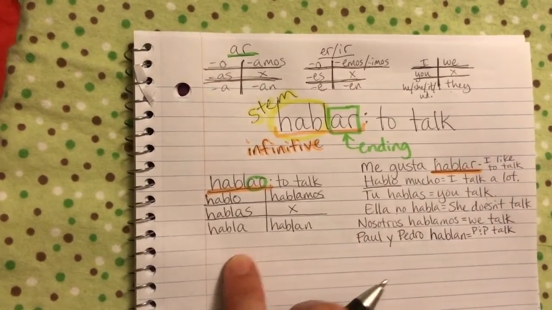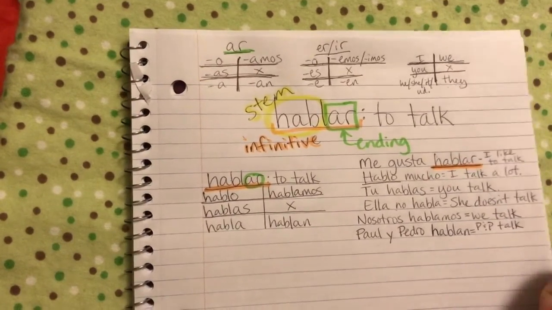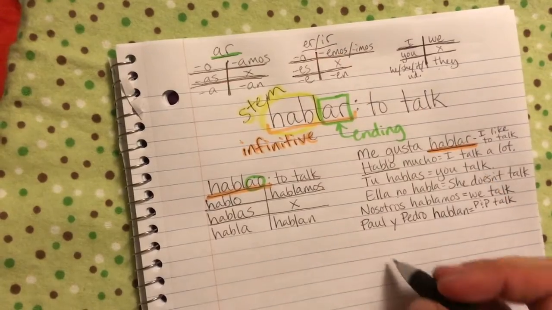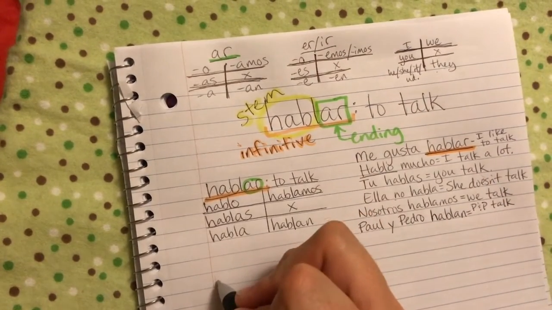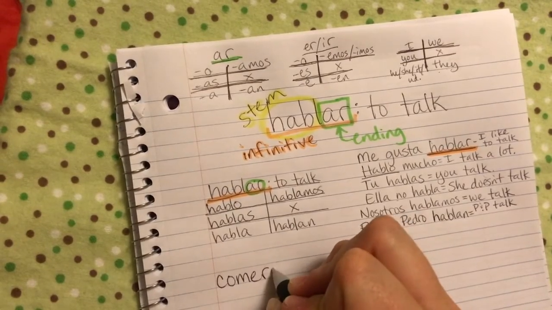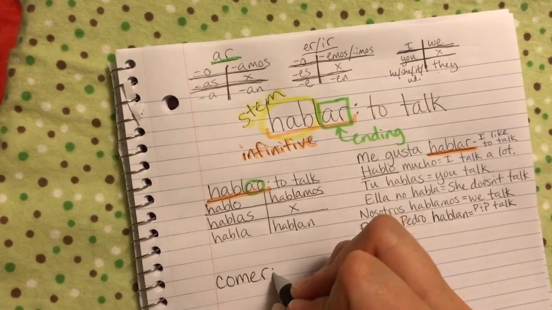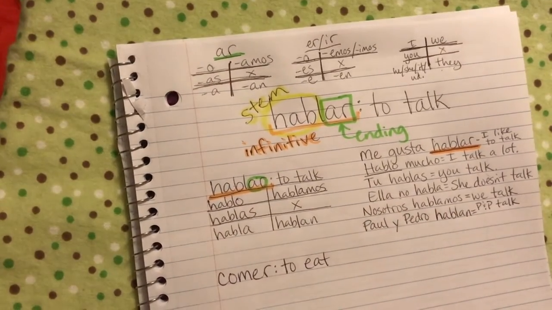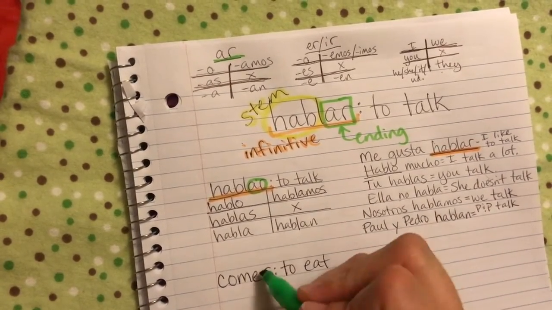Whatever. I'm going to go ahead and skip down to my other two types of verbs, my ER verbs and my IR verbs. Let's pick an ER verb like comer. If I have a verb like comer, it means to eat. Same thing as before, circle the ending, write your stem.